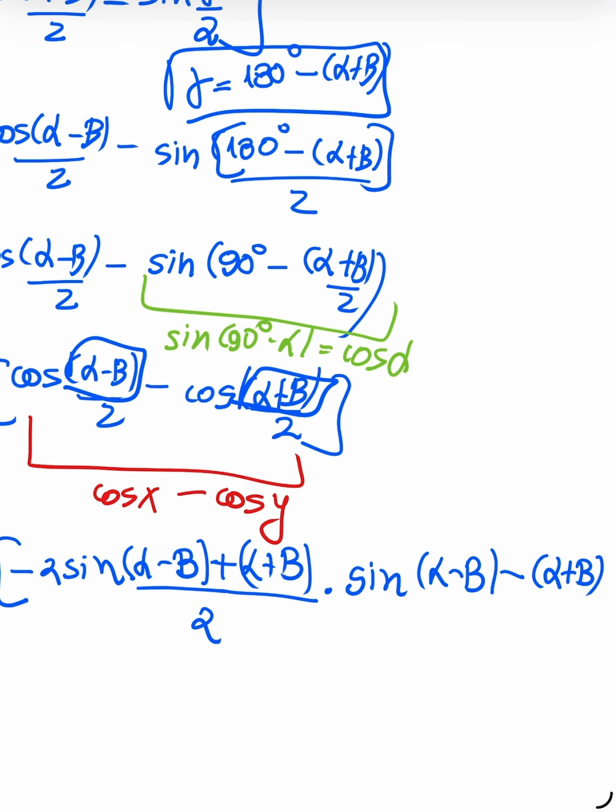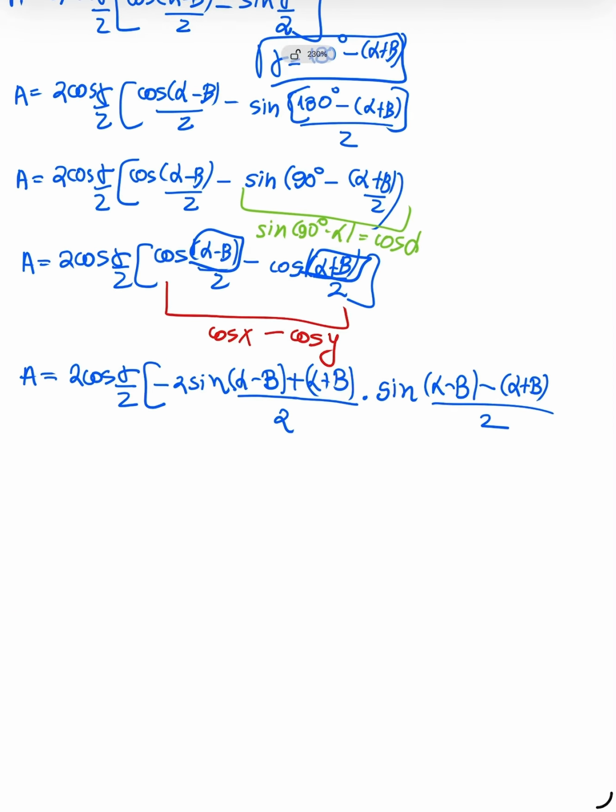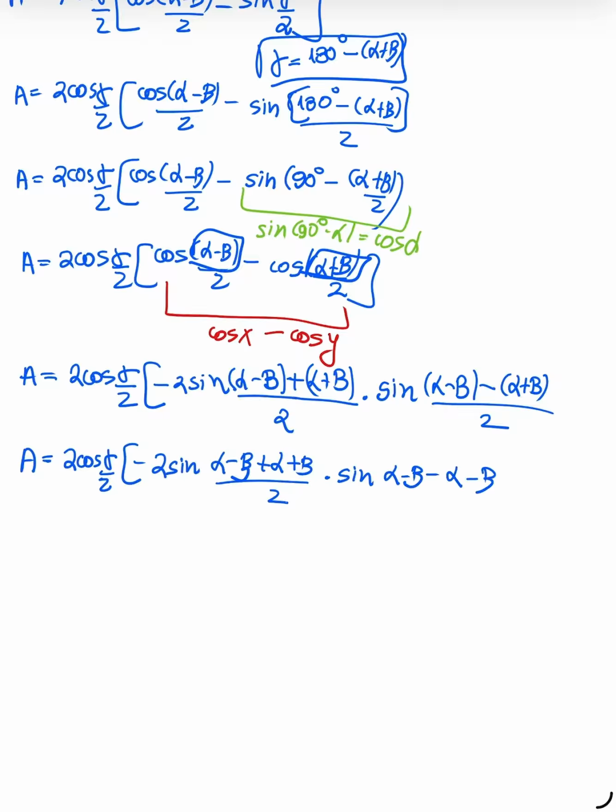So this is what we have for now. Now A is equal to 2 cosine gamma divided by 2 times minus 2 sine of, when we release the bracket, alpha minus beta plus alpha plus beta divided by 2 times sine of alpha minus beta minus alpha minus beta divided by 2. That's what we are having.